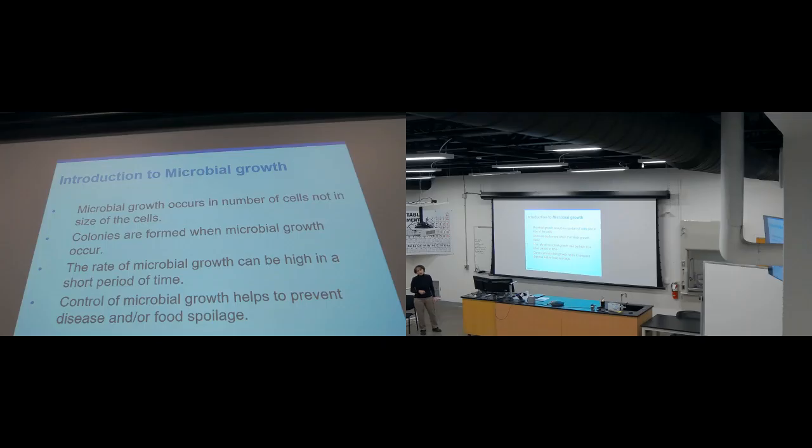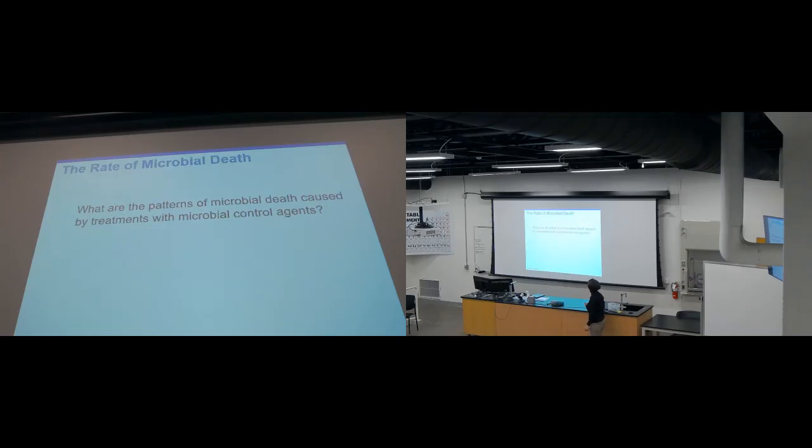And why do we care about controlling microbial growth? Well, we care because we don't want to get sick, and we don't want our foods to get spoiled. That's why we care about the control of microbial growth.